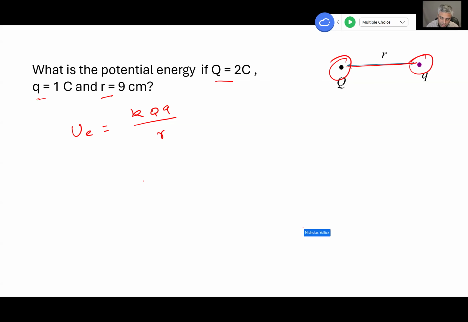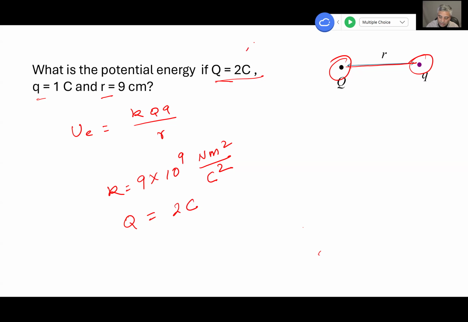K is a constant we know, the Coulomb constant, 10 to the power 9 Newton meter squared per Coulomb squared. And Q is 2 Coulomb. It's given in Coulomb.